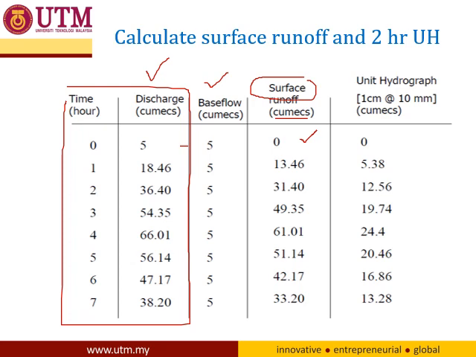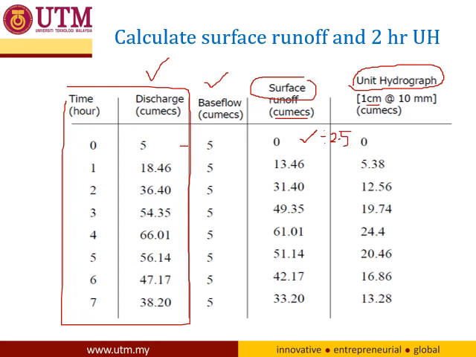Okay. So next, after you get this surface runoff, now you can find the value for the unit hydrograph. You remember you divide by the total runoff, in unit depth. Because you want this unit hydrograph per 1 centimeter, you divide by 2.5 centimeter.